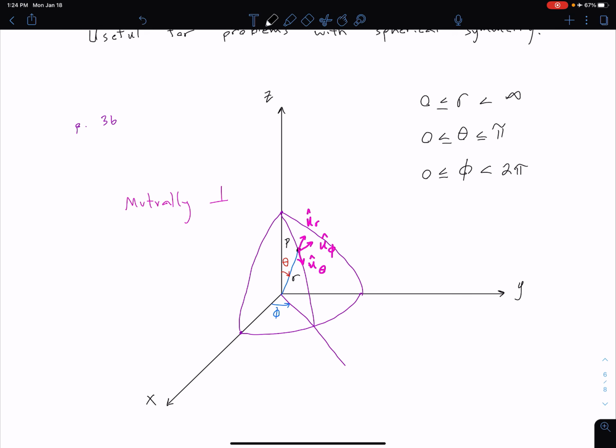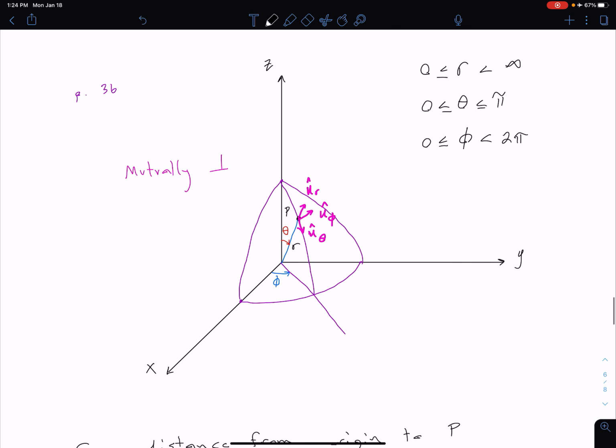For instance, if we let r be constant while theta and phi vary, we have essentially a spherical shell. We're always some distance away from our origin, but our angle isn't fixed, so we end up with a sphere centered around our origin.